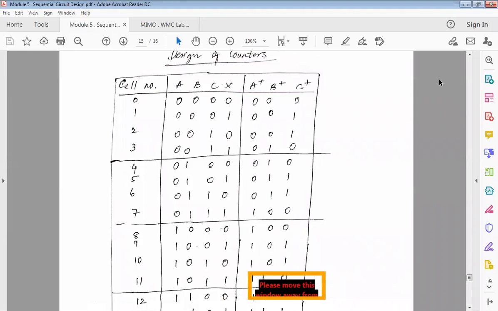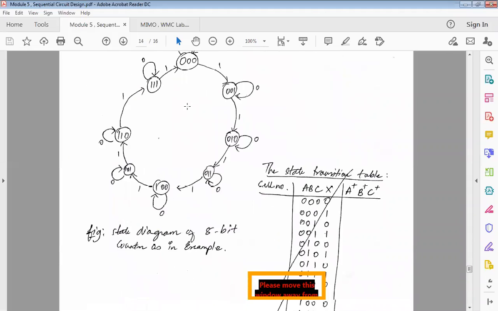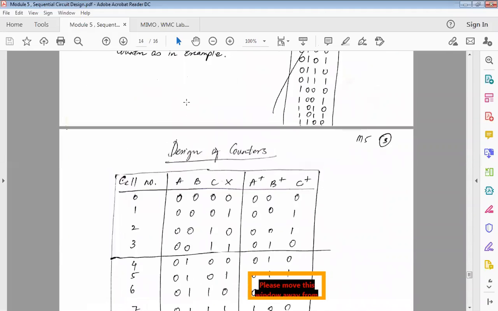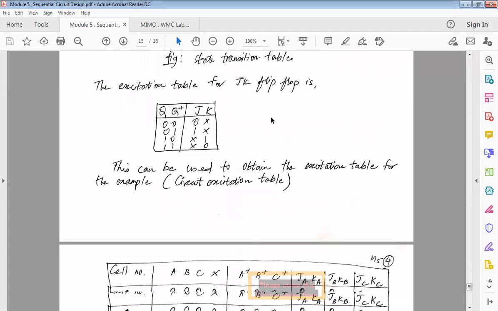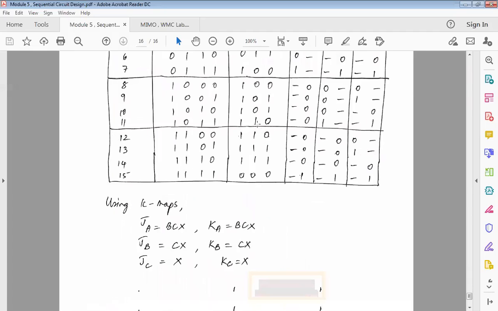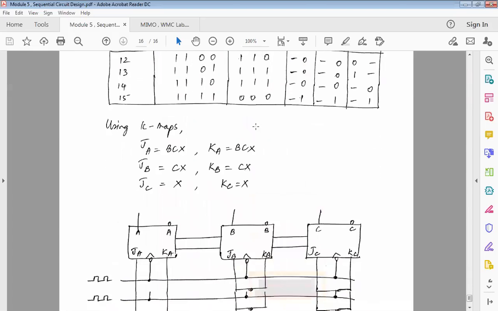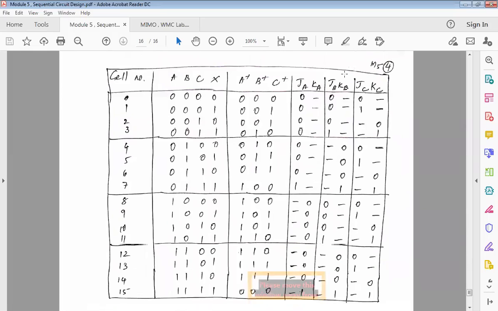I will be getting this table from my state diagram. I'm extracting the values from the state diagram and putting them in tabulation form, so that becomes my state transition table. Next, I'm going to create something called the circuit excitation table. Till this, you have already seen.